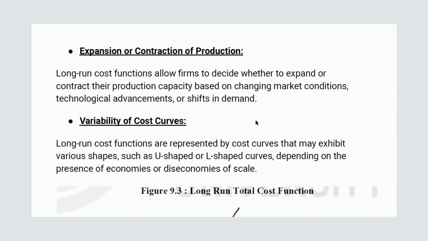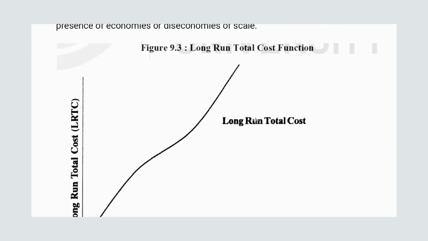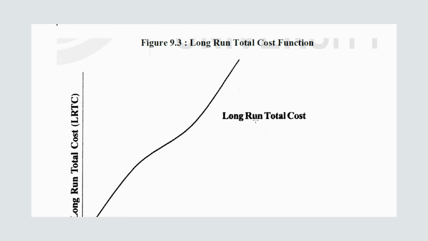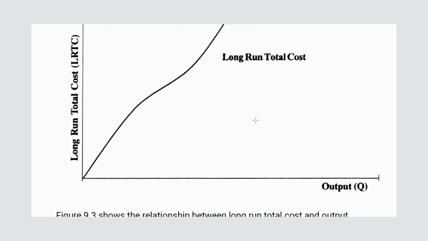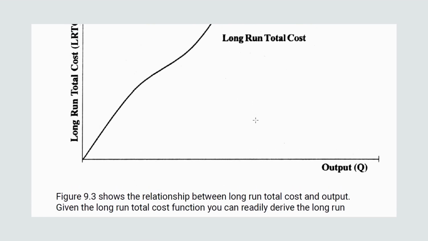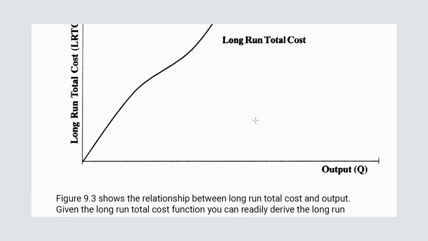Okay, so variability of cost curves. It can be U-shaped or L-shaped curves. It depends on the presence of economies or diseconomies of scale. Just learn to draw this long run total cost function. Here we can see the graph shows the relationship between the long run total cost and the output on the x-axis.